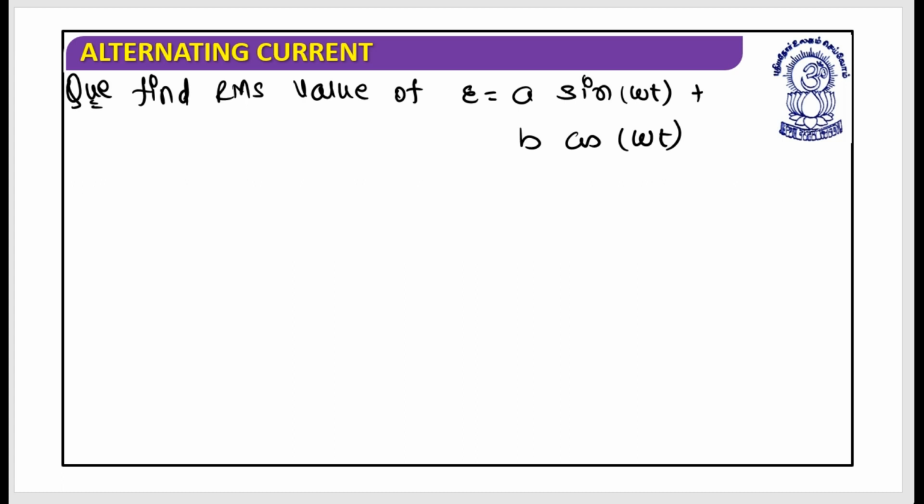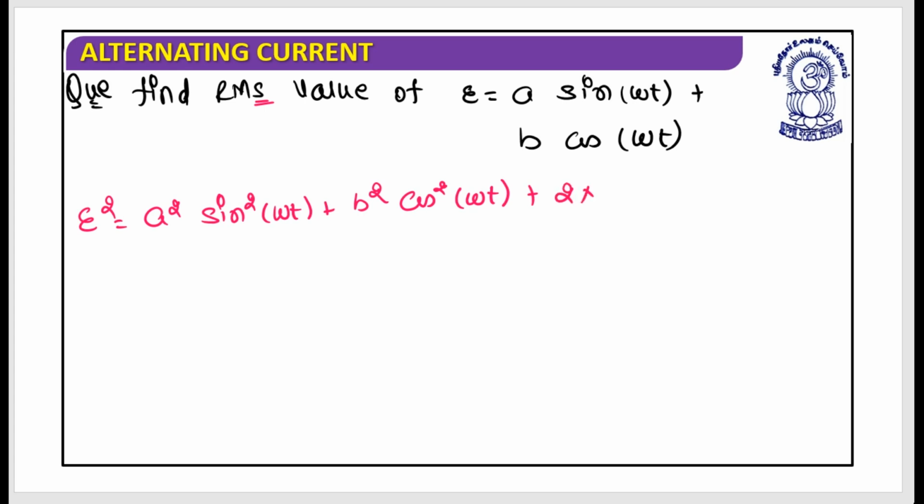So again the task is the same. Square it. E square equals A square sine square omega t plus B square cos square omega t plus 2A sine omega t into B cos omega t.